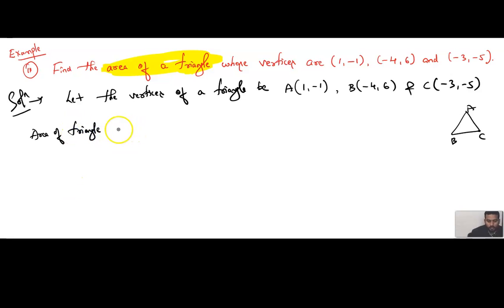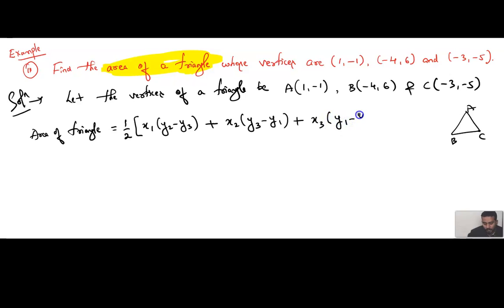Area of triangle is equal to half into x1 into (y2 minus y3) plus x2 into (y3 minus y1) plus x3 into (y1 minus y2). So 1 2 3, 2 3 1, 3 1 2.